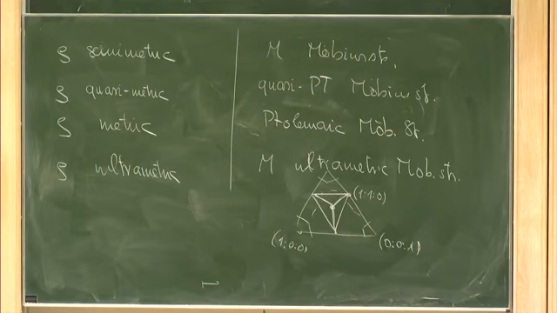So why do I do all this kind of stuff for these Moebius structures? Because the Moebius structures are the canonical structures which arise on the boundary of some hyperbolic spaces.